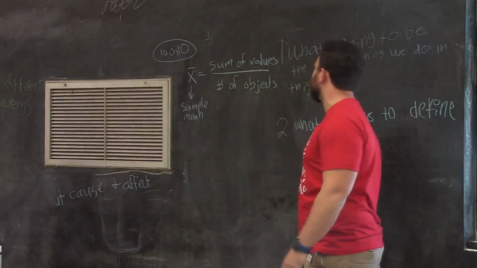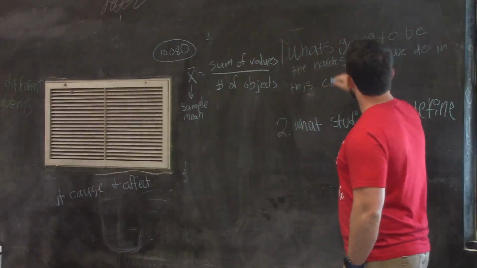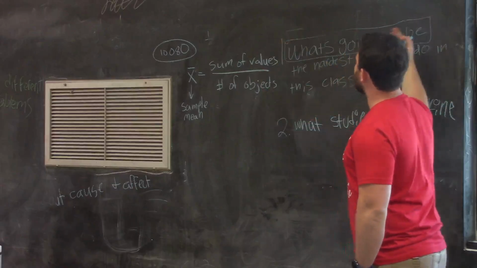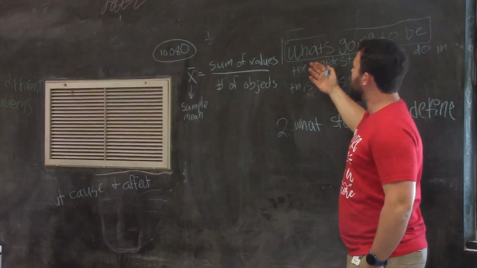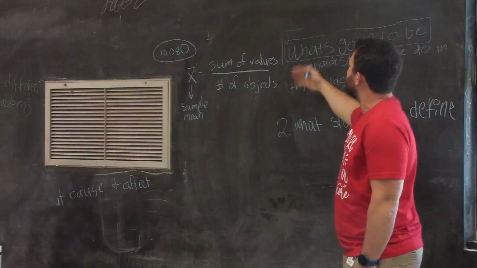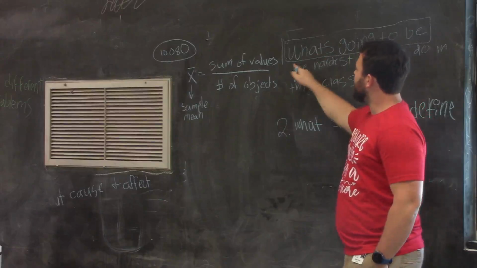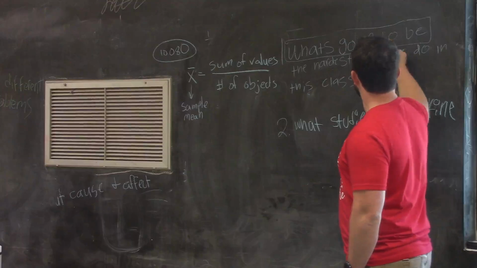So there we go. We've got sample mean: sum of values divided by number of objects. Just as an example, let's say I look at these first 4 words here, and I want to know the average word length. When I want to know the average word length, I want to know how many letters per word. So how many letters do we have? 14.